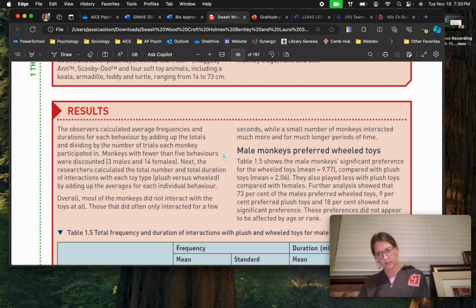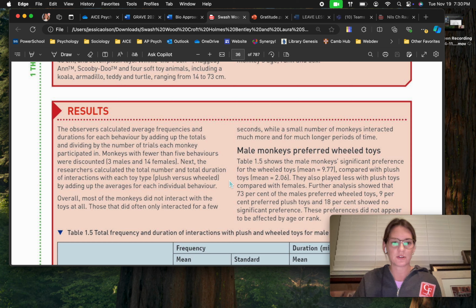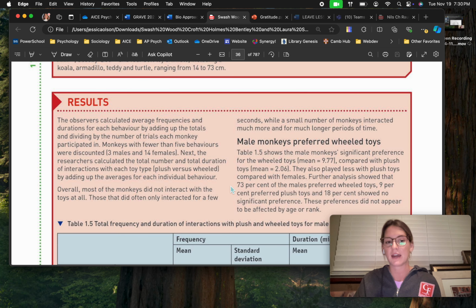How about we just go through this? Okay. The observers calculated average frequencies and durations for each behavior by adding up the totals, dividing by the number of trials each monkey participated in. Okay, you don't have to worry about that. You do need to know that how was the dependent variable? It's an observation, so there's not a dependent variable.